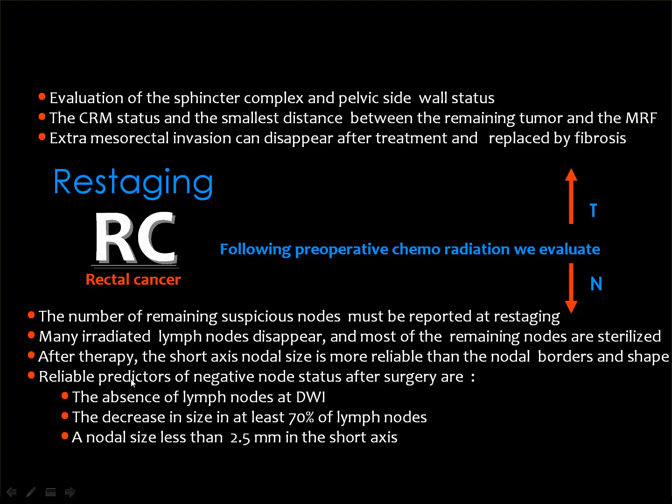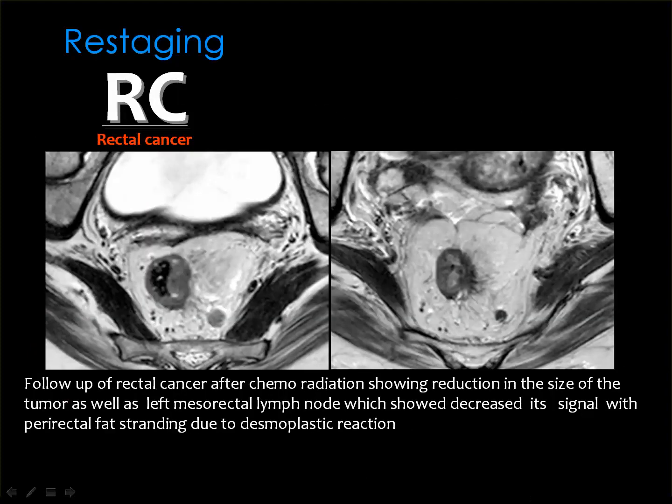Then reliable indicators of negative nodes before surgery: number one, absence of lymph nodes on the diffusion weighted images; decrease in the size of the lymph node by about 70%; and nodal size less than 2.5 millimeters in the short axis.